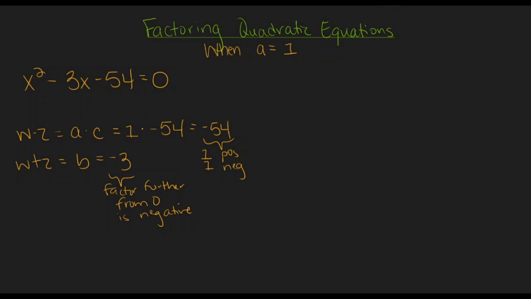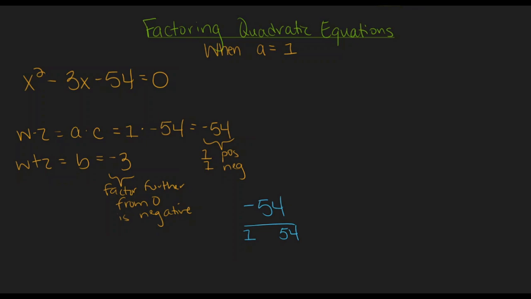So I'm going to use a factor tree to think about this. That helps me keep things organized, but you can use any method that you'd like. So thinking about the factors of -54, where the factor further from 0 is negative, that means I can start with factors of 1 and 54.